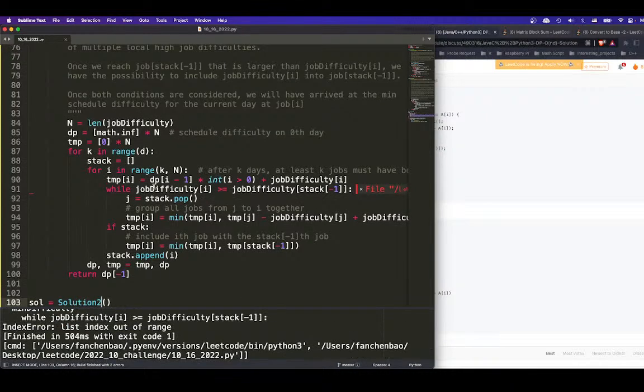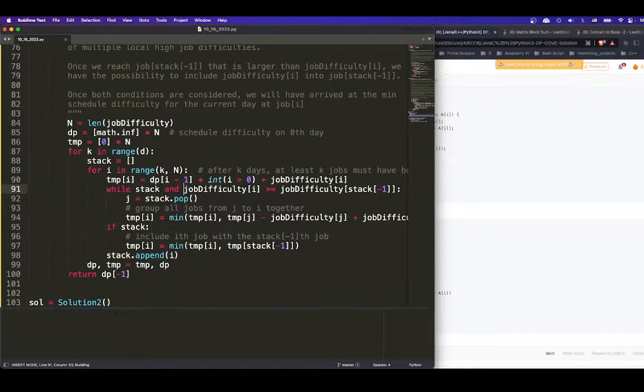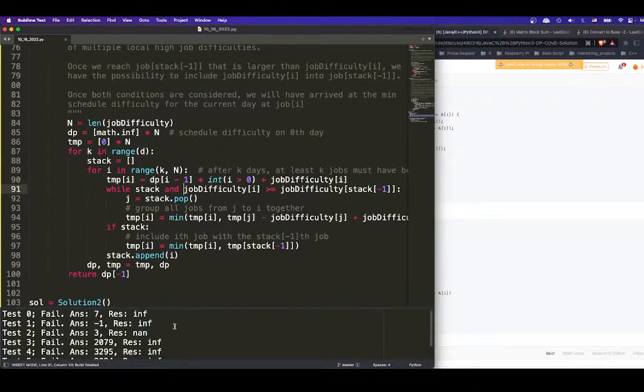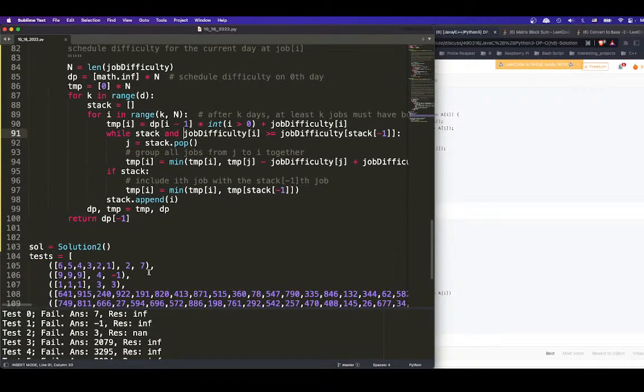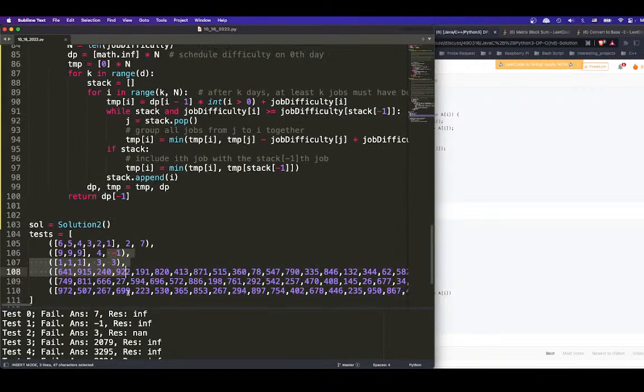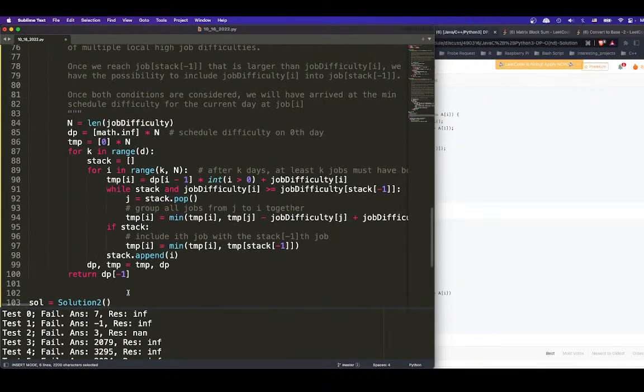Index out of range. The stack. Ooh, what the heck? That is unexpected. Huh. Oh.